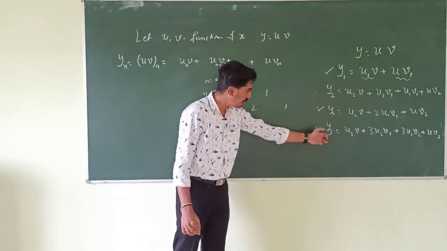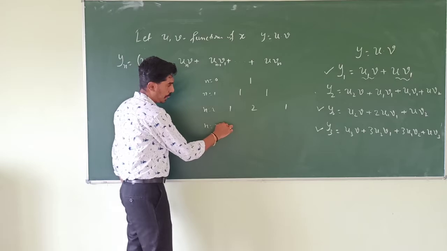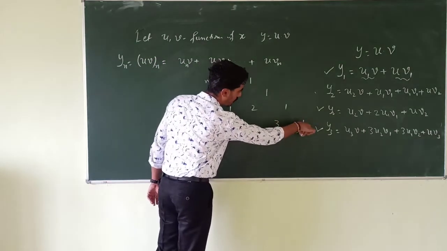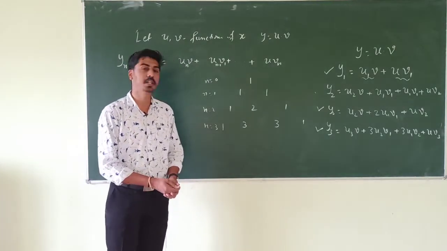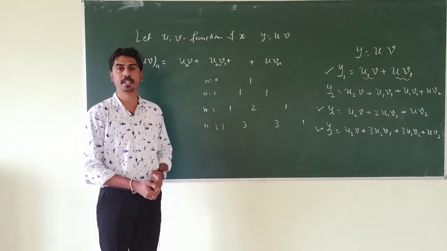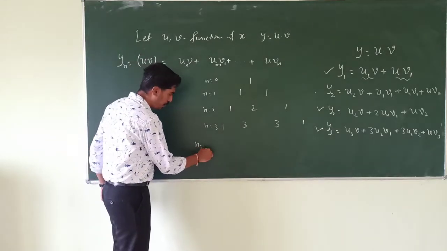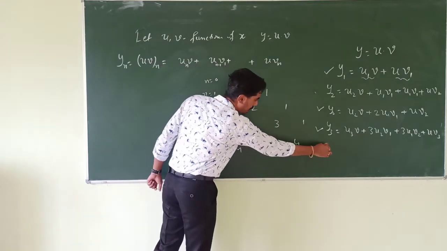For n equal to 3, we have 1, 3, 3 and 1. Similarly, if I find the fourth derivative, I should get here for n equal to 4: 1, 4, 6, 4 and 1.